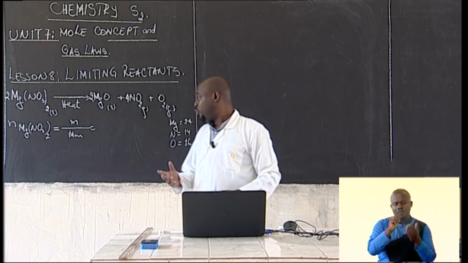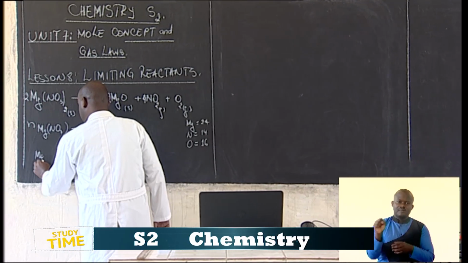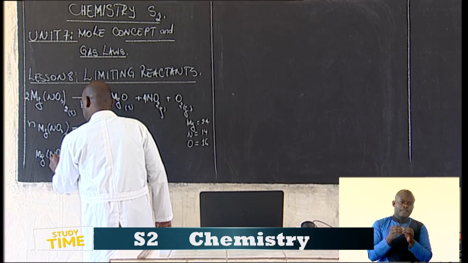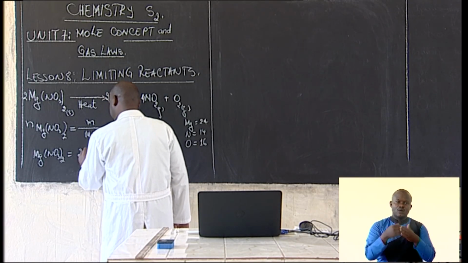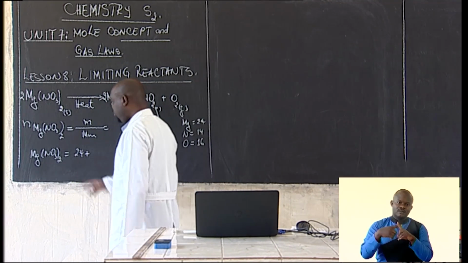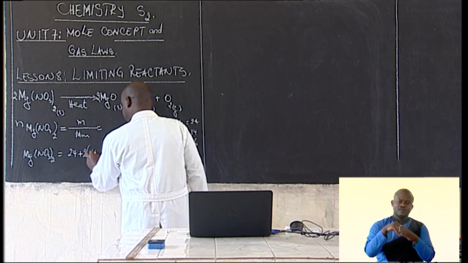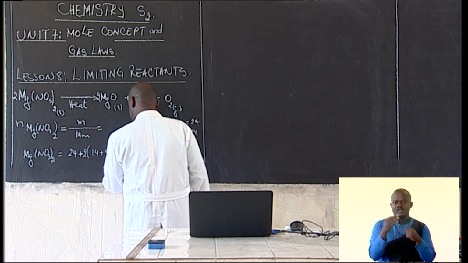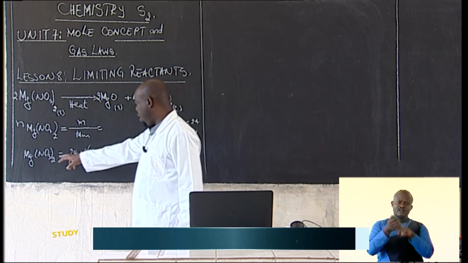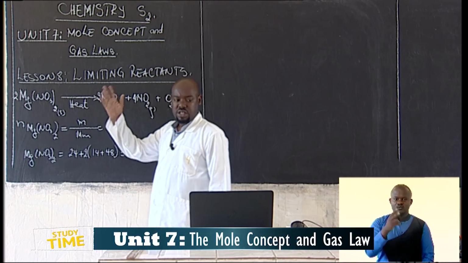If we calculate the molar mass for magnesium nitrate, we have 24 plus, for nitrogen, 2 times 14 plus 48. 48 is for 3 oxygen atoms, 16, 16, 16.